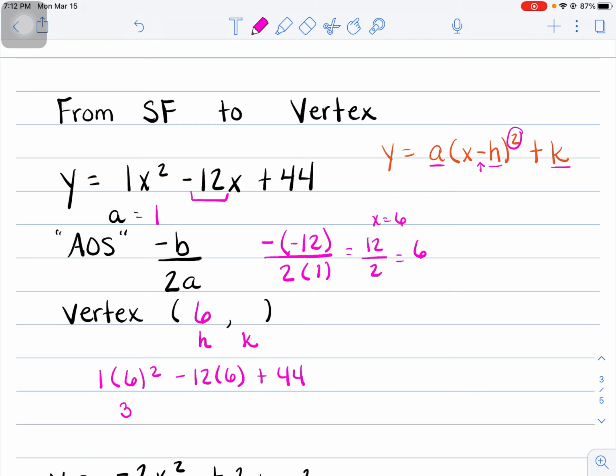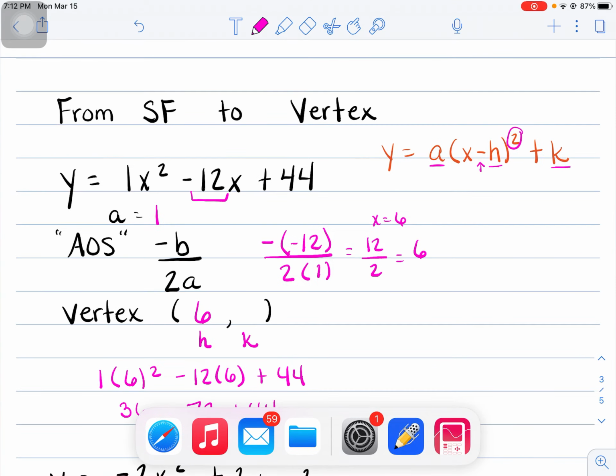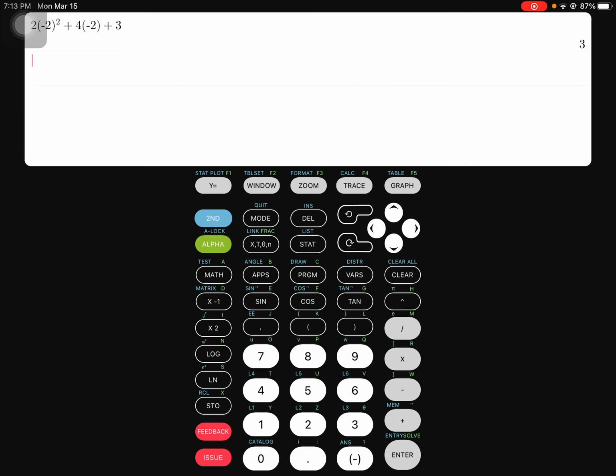So this would be 36, and we'd have 72, and 44. So then we would go ahead and add those together. 36 and 72. And remember, if you have to do longhand, you would work this out and then find our value. So let me pull up our calculator to show you how you could use your calculator to do that.